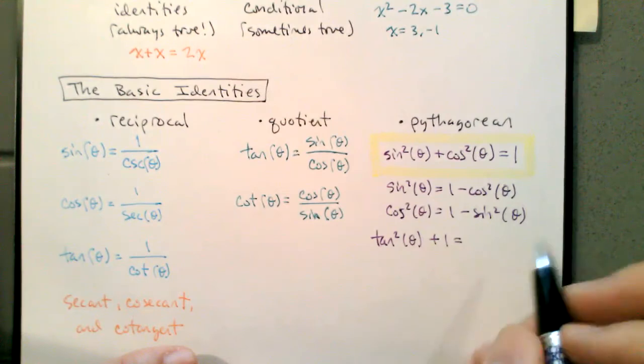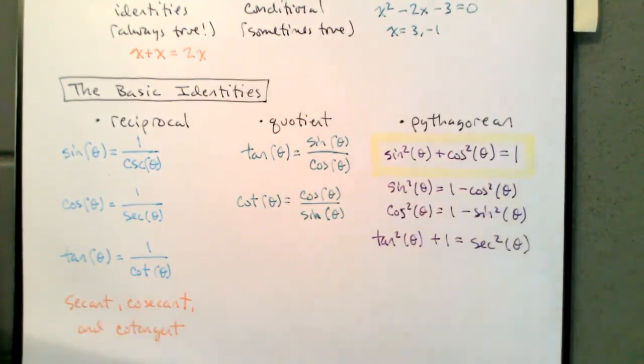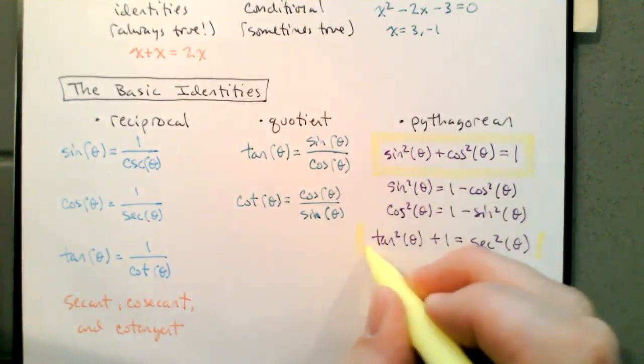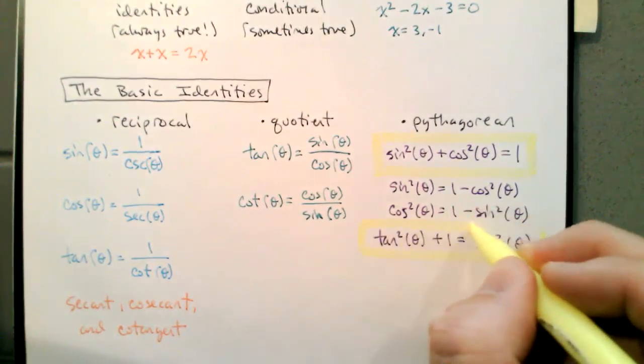And 1 divided by cosine squared is secant squared. So combine the Pythagorean identity, the quotient identity, and the reciprocal identity into this variation of the Pythagorean identity.